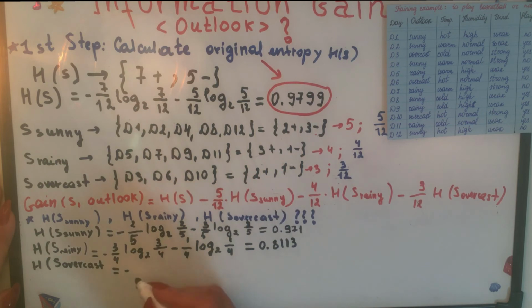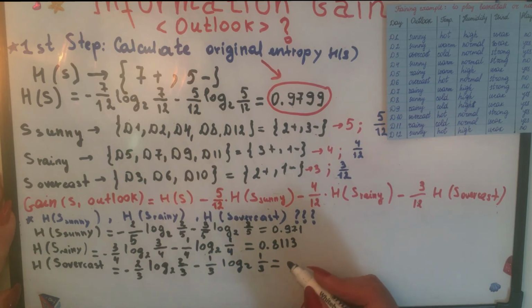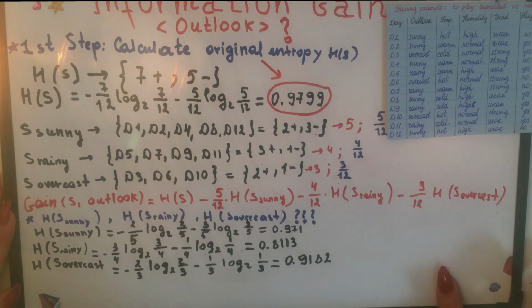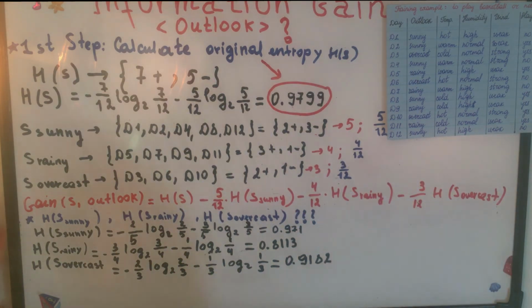H of S overcast equals minus 2/3 times logarithm of 2/3 to the base of 2 minus 1/3 times logarithm of 1/3 to the base of 2. 2 is the number of yeses, 1 is the number of no, as we already know. That equals 0.9182. Finally, we have all values in our formula. There is one more step left in order to finish solving the example.